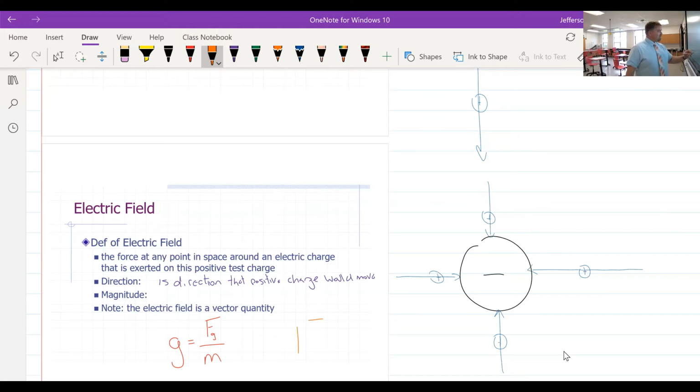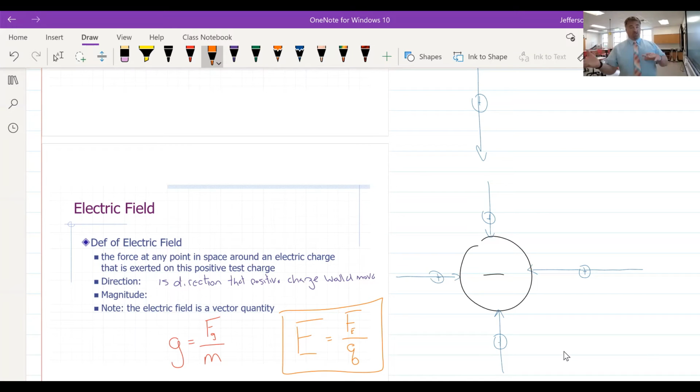The electric field strength, which has the symbol capital E, is equal to the force of the electric charge on a particular charge, so that should be F sub E. There you go. So this is how we're going to define the magnitude of that electric field. Once again, just like gravitational fields, electric fields are vector quantities, so they have both size and direction.